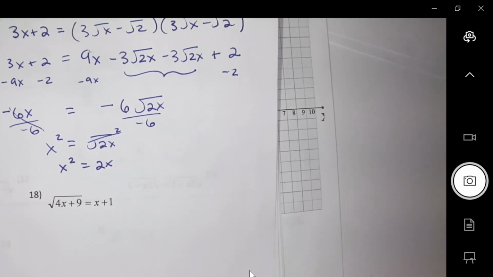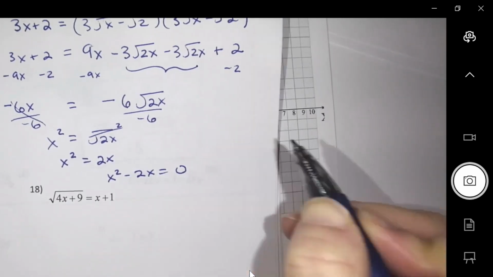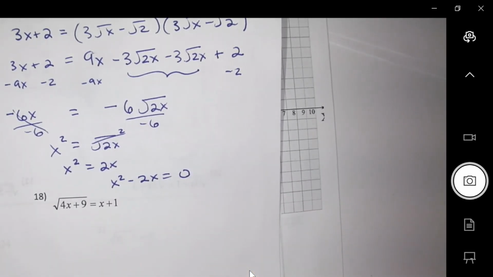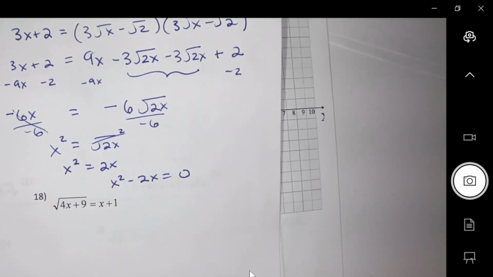What do you always do? Equals 0. You have to have equals 0. If you would divide by x on that last stage, some of you probably would have had the instinct to do that. It cancels off one of your answers, which is not what you want. So that's why I say as soon as you see two variables equals 0, which style is this? It's a factoring style.